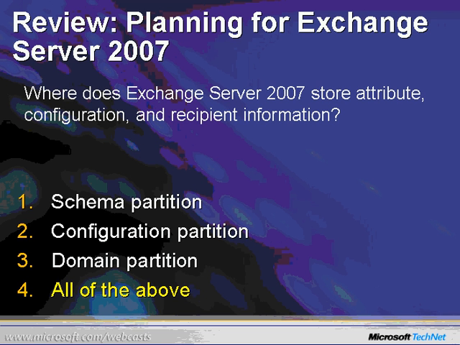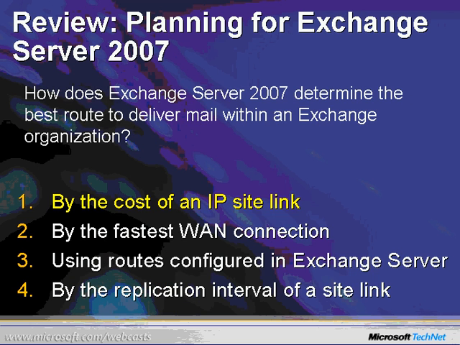The configuration partition will contain all the information related to Exchange itself, as an example, the Hub Transport rules. That information is stored in the configuration partition. And then all the recipient information, that's in the domain partition. When you look at the user objects, the user objects are mail-enabled, and there are attributes associated with those objects. That's part of the domain partition. So when you look at all of those pieces, Exchange Server 2007 uses all of them.